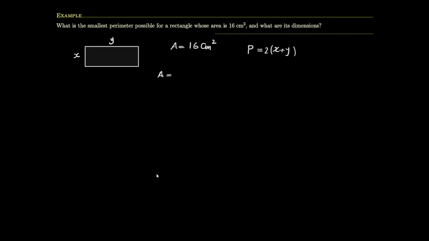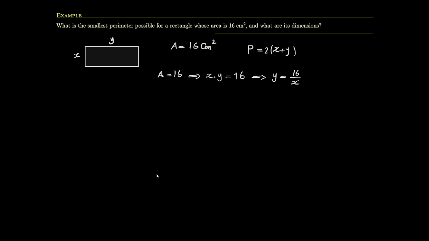Okay, when you say that the area is 16, this means that the product of x and y is 16. Okay, it doesn't matter which one I eliminate here. So usually, if there is no difference, I prefer to eliminate y. So I divide by x. And I am on the safe side. X is not 0, because if x is 0, the left-hand side becomes 0, the right-hand side 16, so it cannot happen.